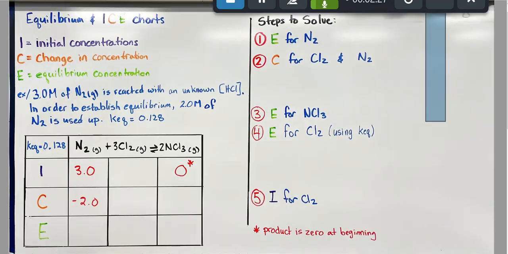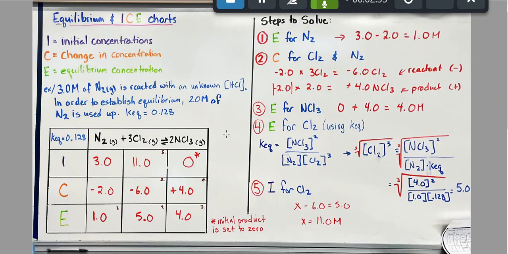So if I go back to here, I now have this one filled out, this one filled out, and this one filled out. Next, I need to find the E for this. I have 0, I added 4, so I have 4 in total. And now I have to find the E for the Cl2.